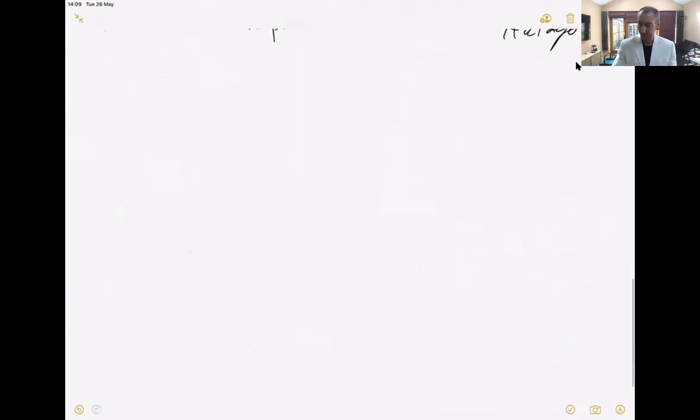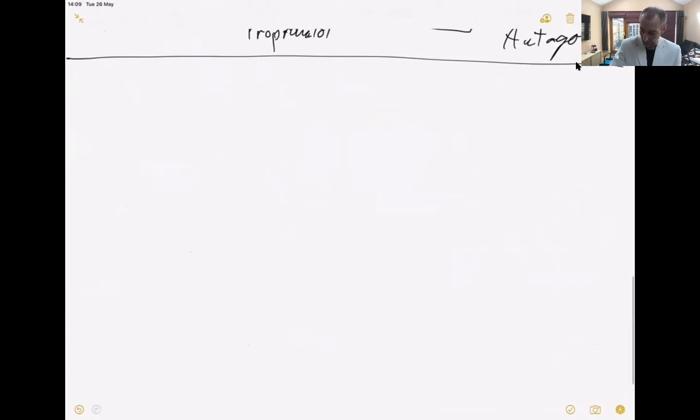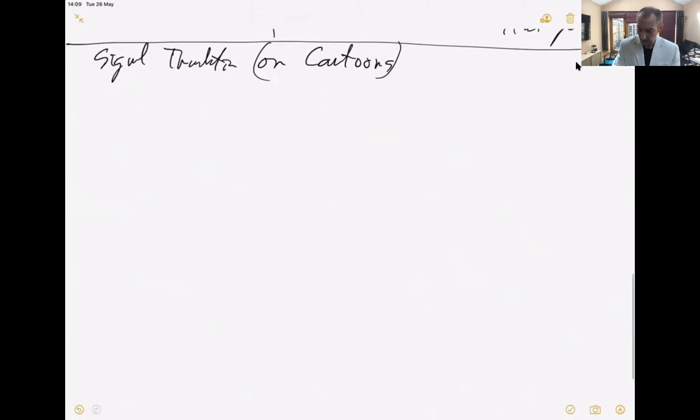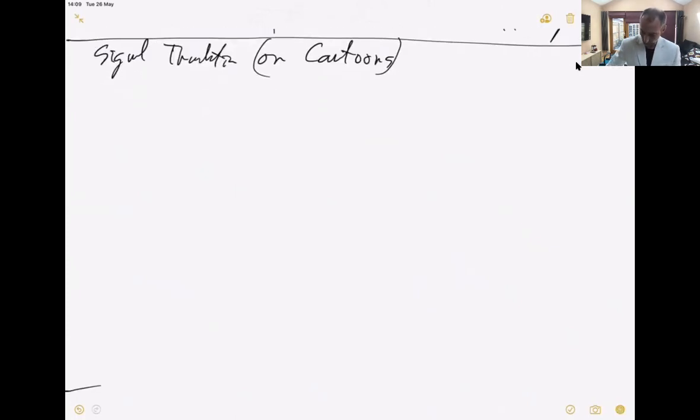Now I'm going to try to go through my 3 different things. So I'll draw a line here and say, this is signal transduction, or cartoons. I don't know how much space I'm going to need, so I'm going to give it maybe one. We'll leave 2 just in case.